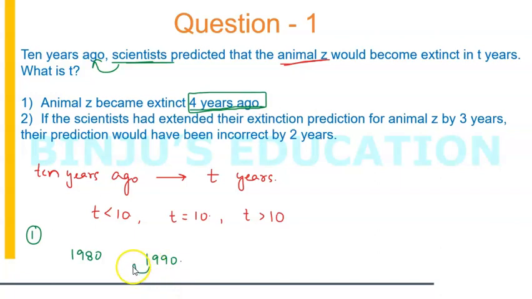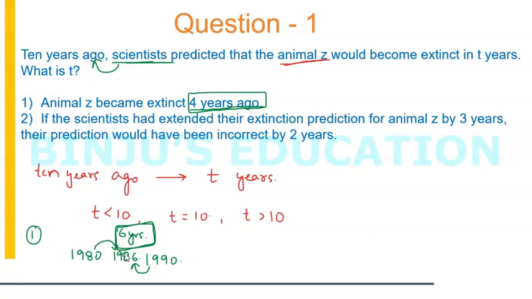So 4 years ago basically means animal Z became extinct in 1986. So from 1980, when the scientists predicted that animal Z would become extinct in T years, T years would simply be the difference between 1986 and 1980, which will effectively be 6 years.